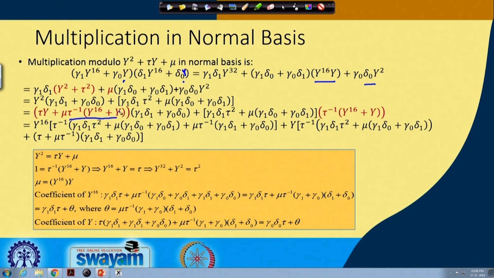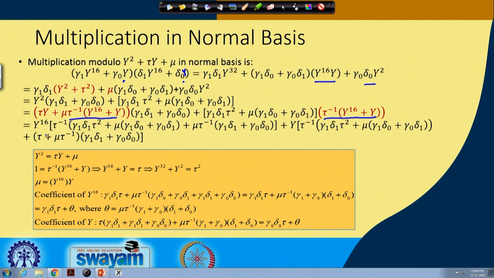Okay. So then the other part is this part, that is gamma 1 delta 1 tau square plus mu and so on, and then again I multiply this by 1. So I write that as tau inverse multiplied by y to the power of 16 plus y. So now you note that all the indeterminates that I have got are involving only y and y power of 16, and therefore that is my basis. Okay.